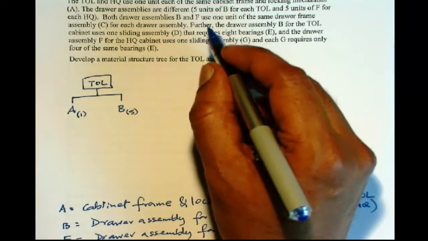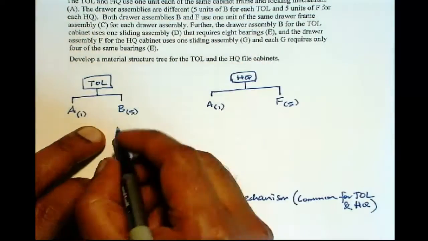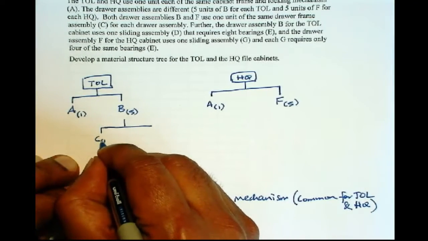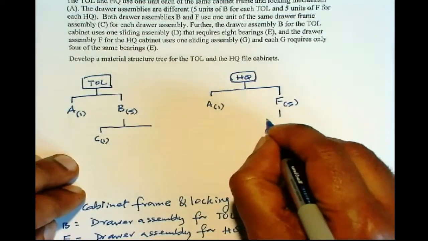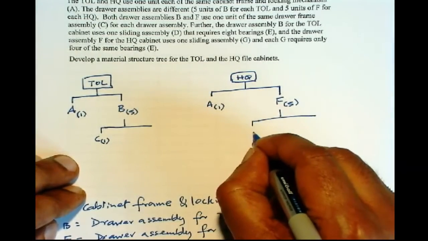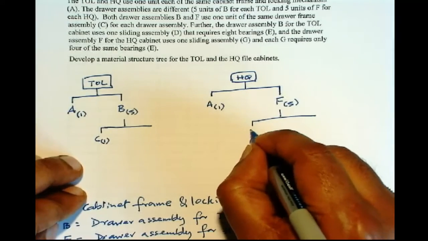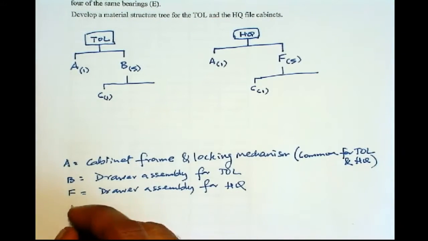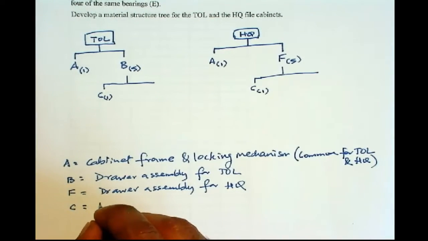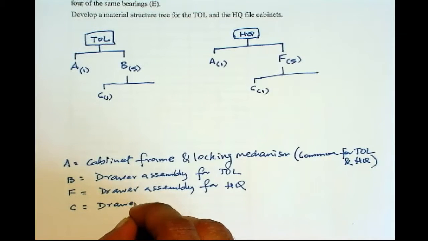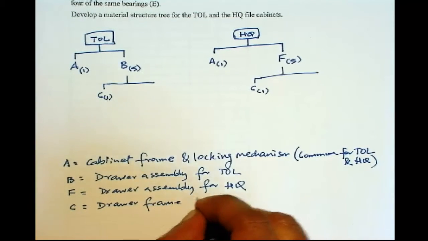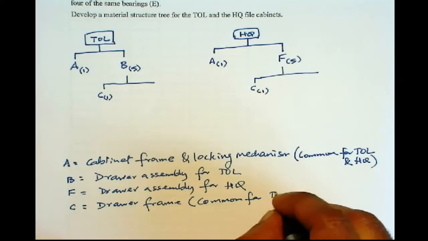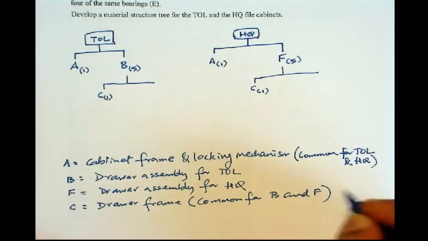So both B and F use C, the drawer frame, 1 unit for each B, and again 1 unit of C for each F. So C here is the drawer frame, and this is a common item, common for B and F.